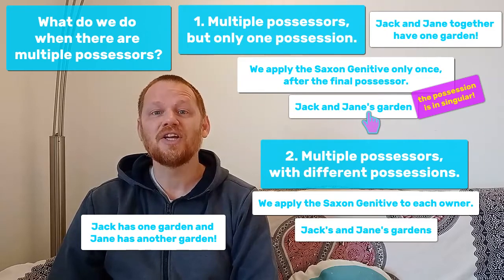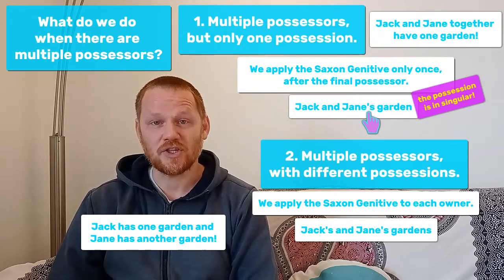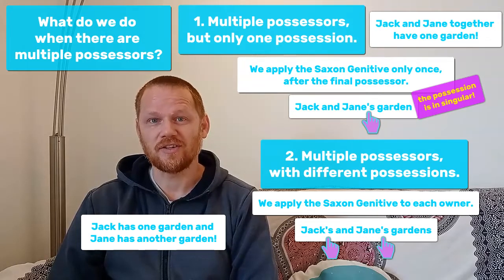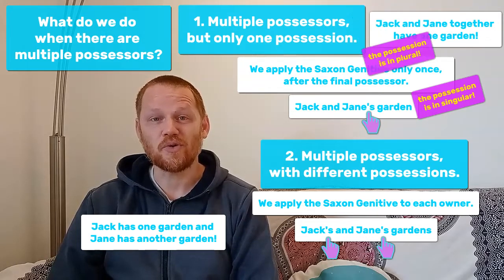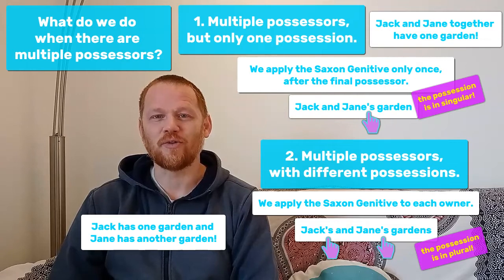For example, Jack's and Jane's gardens. Okay, so you see we use the Saxon genitive with each possessor, Jack's and Jane's gardens. Furthermore, you also see that the possession gardens is in the plural form. Okay, good.